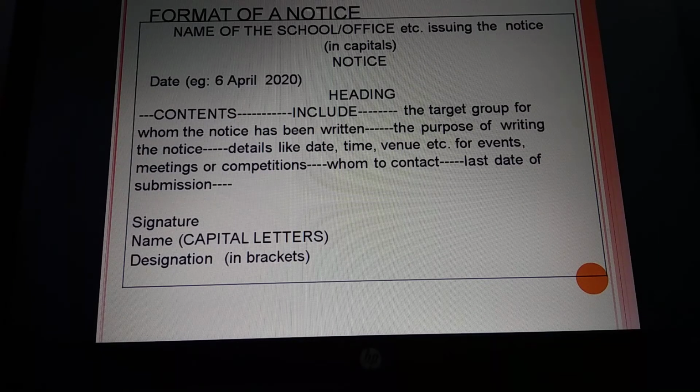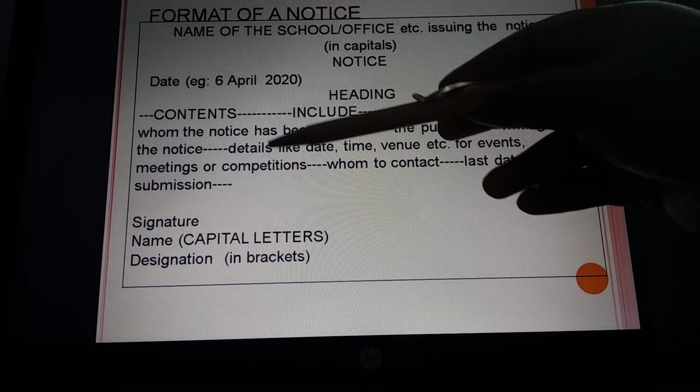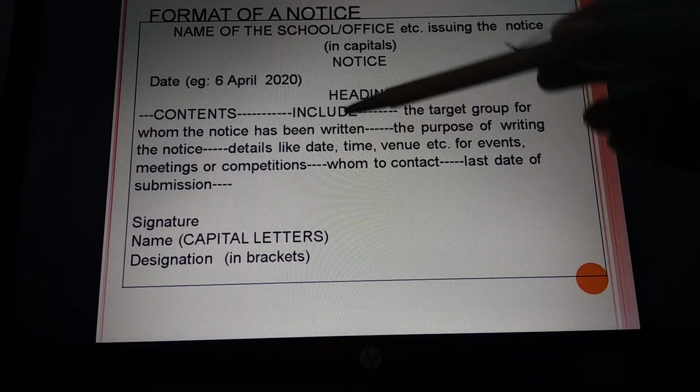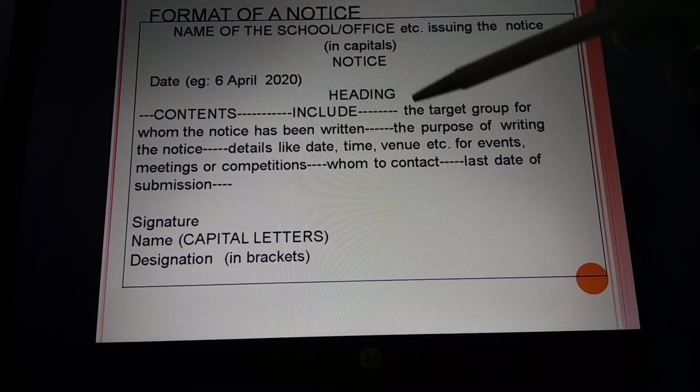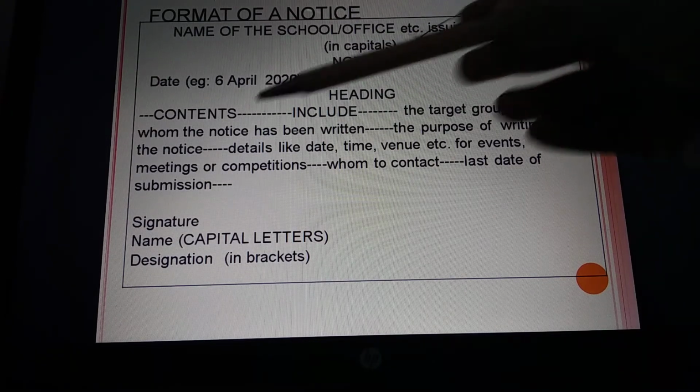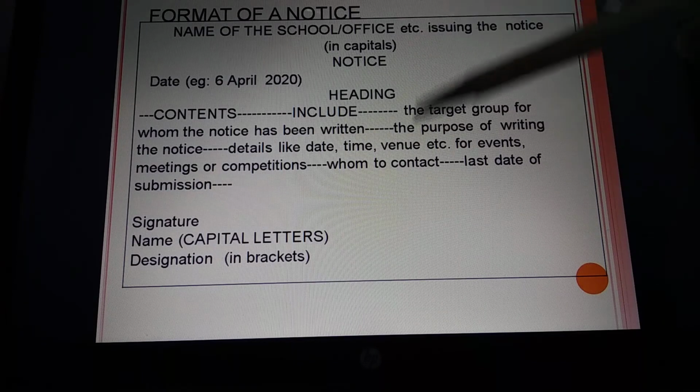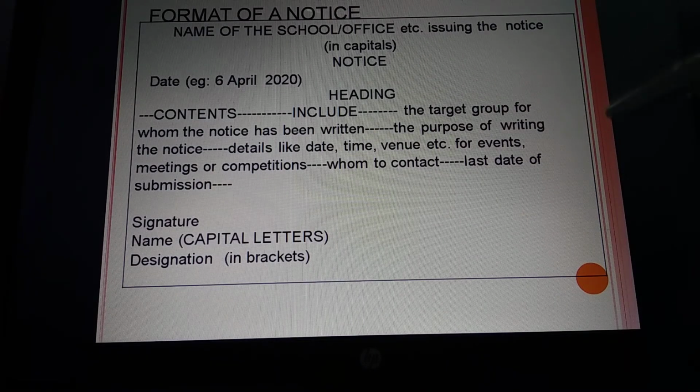So the purpose should be very clear. And for that, what are the basic details? Yes, the date, time, venue for events, meetings, competitions, duration for the trip, or any other information which you think is relevant for the notice.